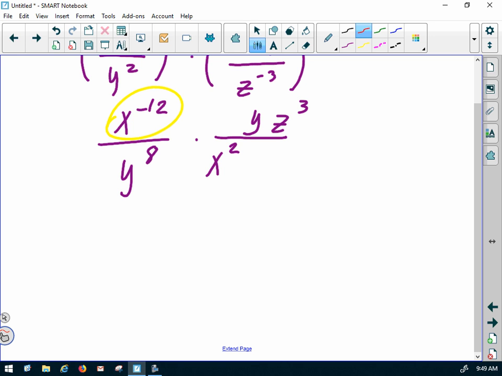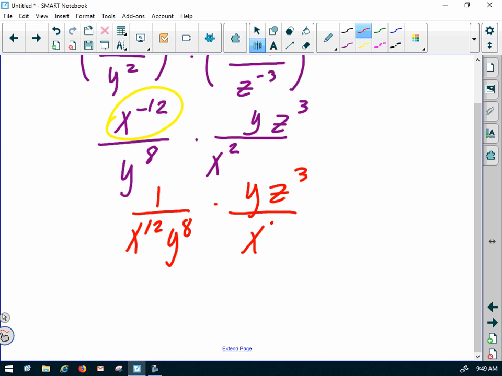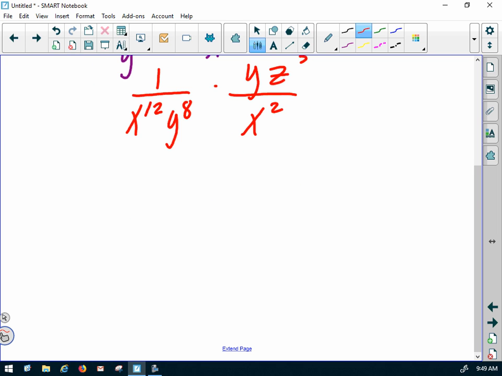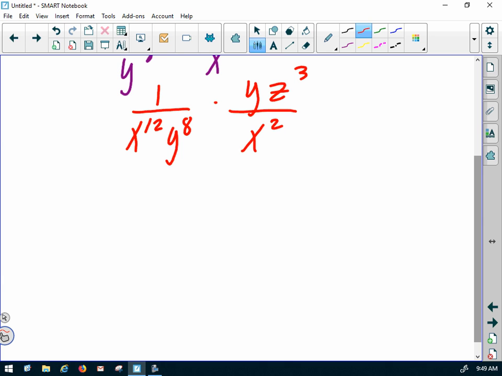So x to the 12th times y to the 8th times y z cubed over x squared. Let's just multiply across. I've got y z cubed times 1 is yz cubed over x to the what? 14th power.